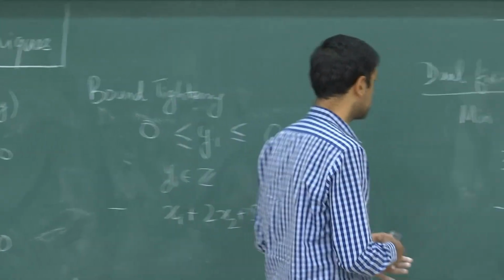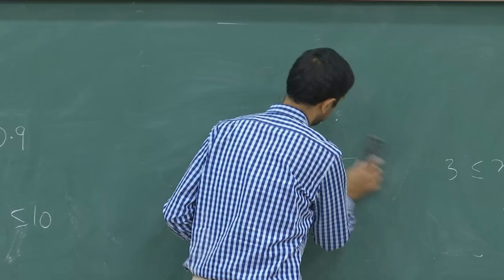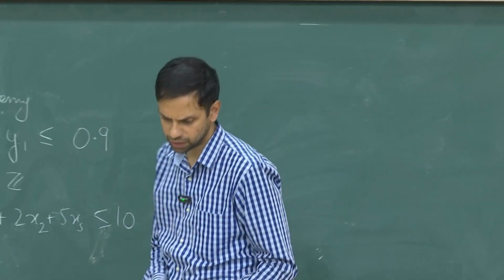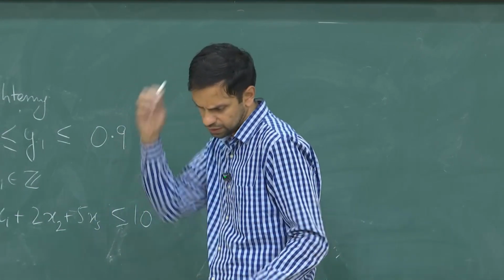One important thing which is quite easy to see is called coefficient improvement, and I'll just give an example of how it works.